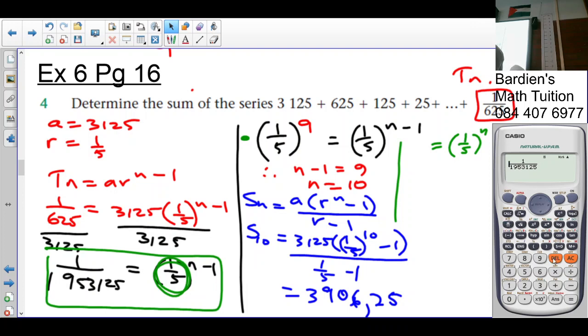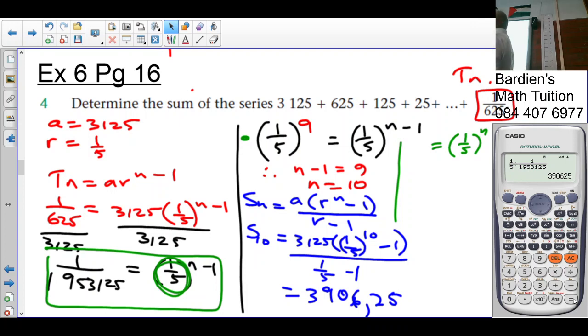You got 1 over 5, and then you divided that by. You got that? Oh, I put the extra one.